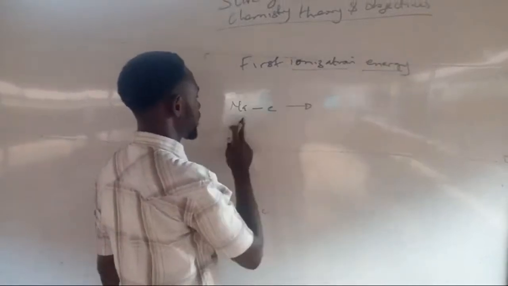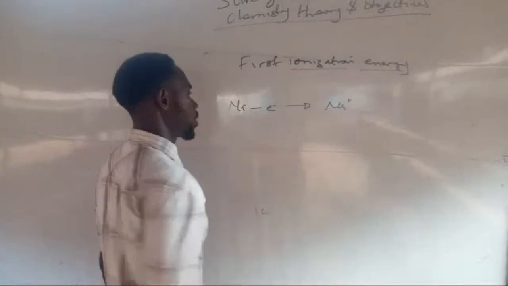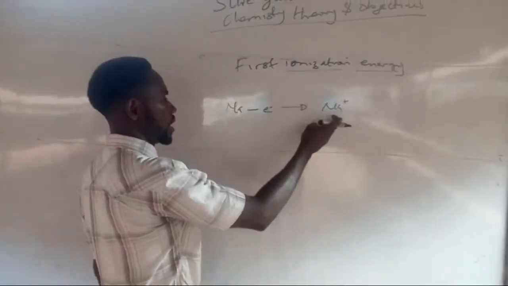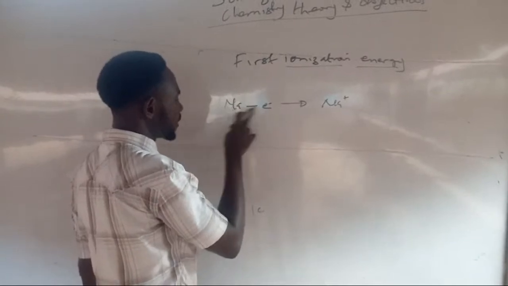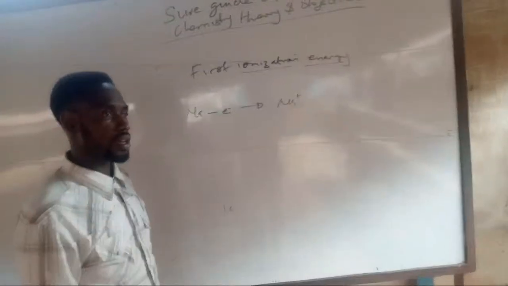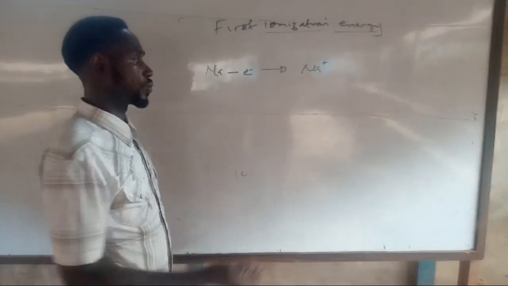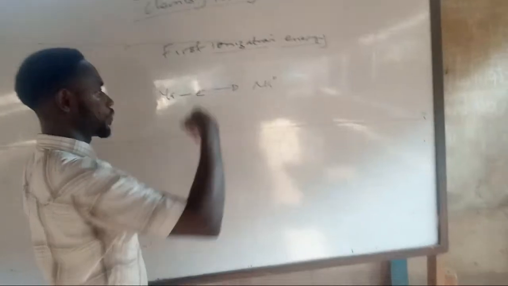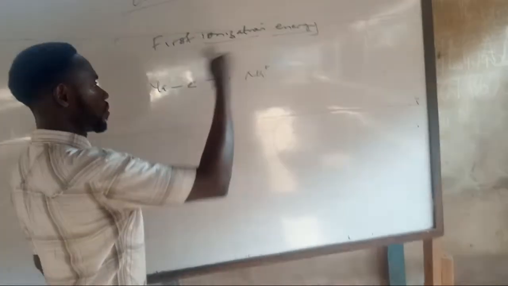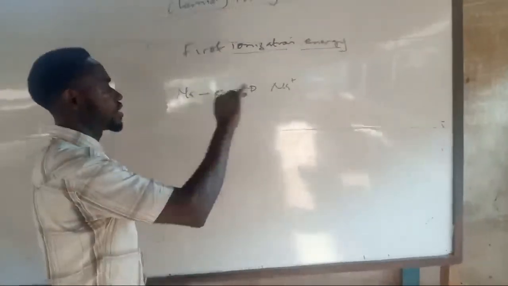For example, when sodium loses one electron, it becomes oxidized to sodium ion, and this is actually oxidation. So the energy spent in removing this electron from an atom to form a positively charged ion is called ionization energy.